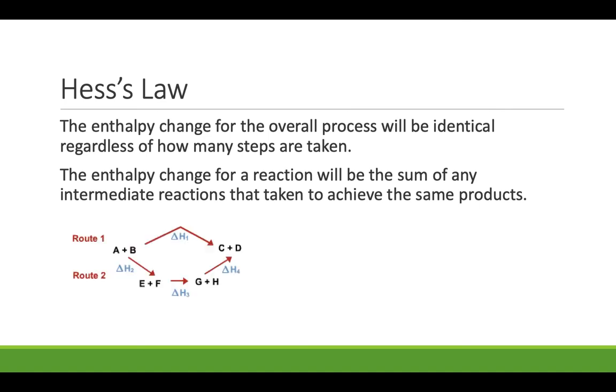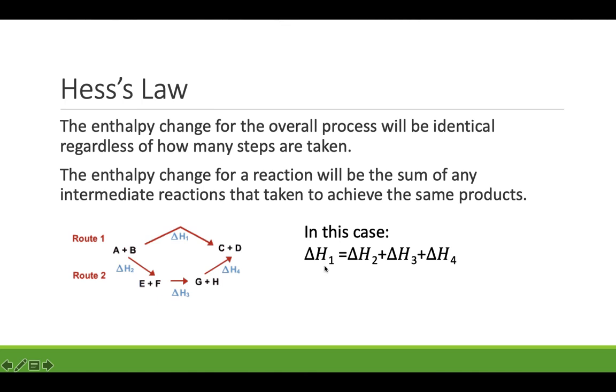That means as long as your reactants are the same, A plus B, and your products are the same, C plus D, whatever steps you take, you can go from A and B straight to C and D, or you can go through multiple steps, which are often required by chemical production. But your overall enthalpy change will remain the same.